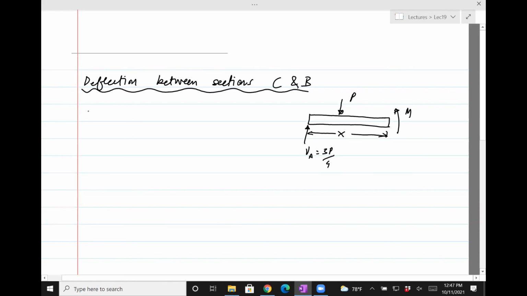So I need to write the moment equation. Plus M for this one, 3P divided by 4 times x, but that's clockwise, so negative, and this P will induce a counterclockwise moment.